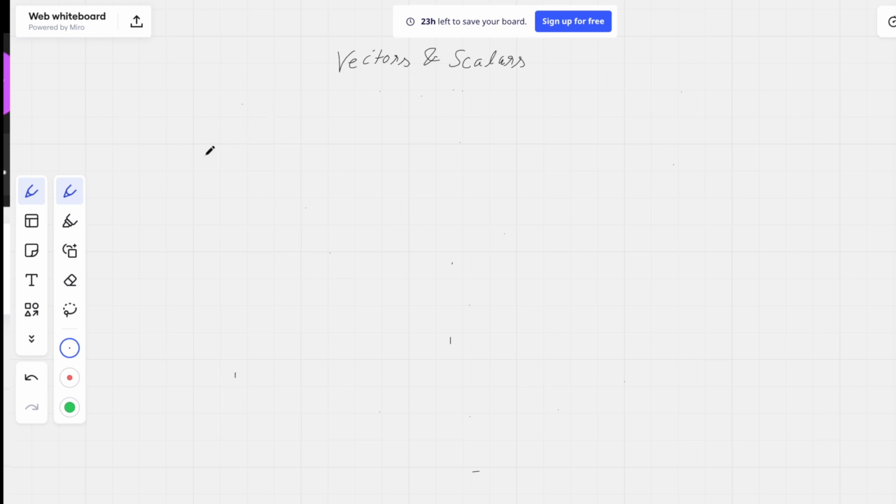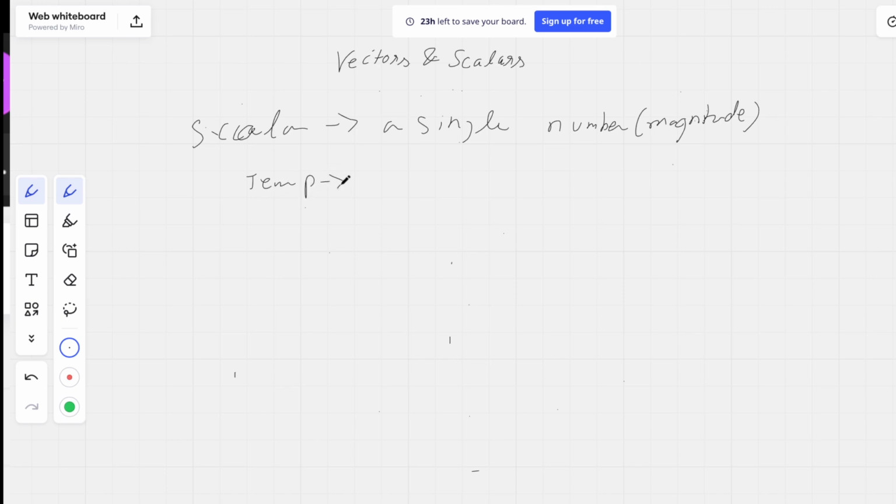So let's define scalars first. A scalar is a simple number, a single number, or magnitude, if you can say. Examples could include temperature, like 32 degrees centigrade, pixel intensity, like 220, or even a single neural network model weight, like 0.72.